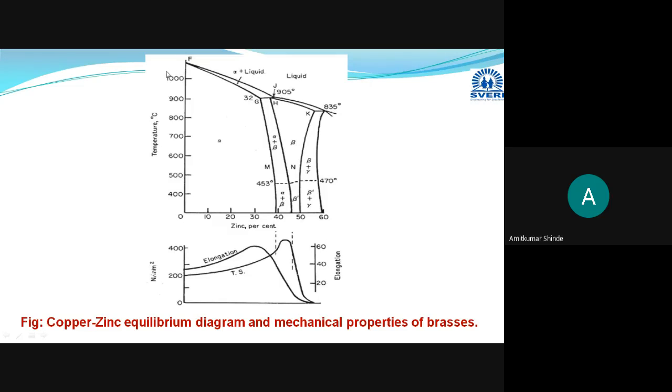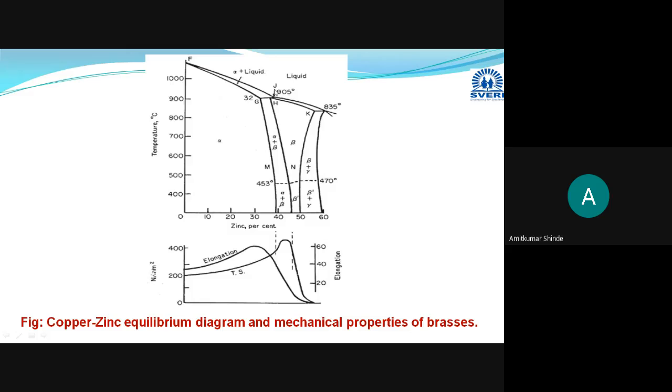At this top point F, this is the melting point of copper, approximately 1083 degrees Celsius. And as you are adding zinc, its melting point goes on decreasing, and at about 44% zinc, it will become 905.